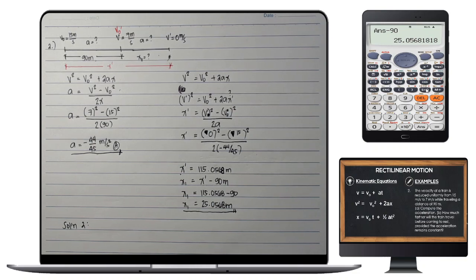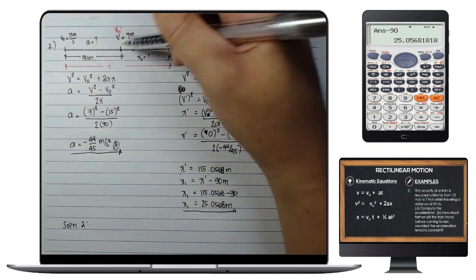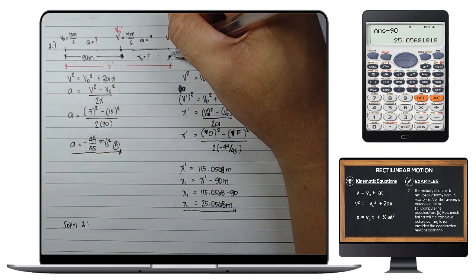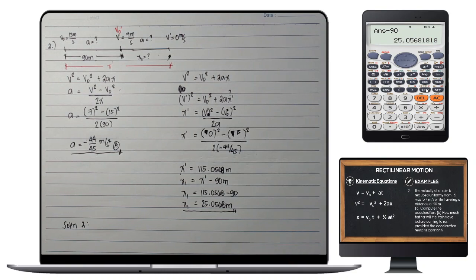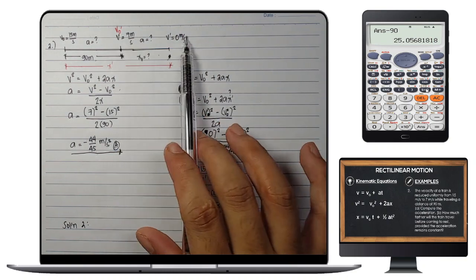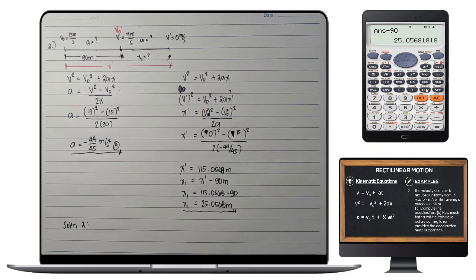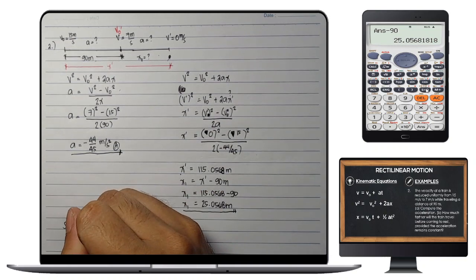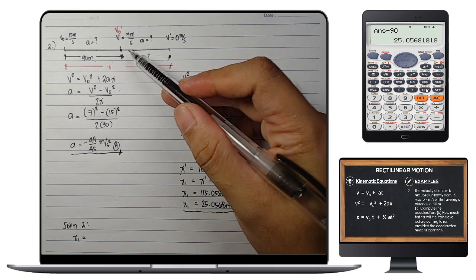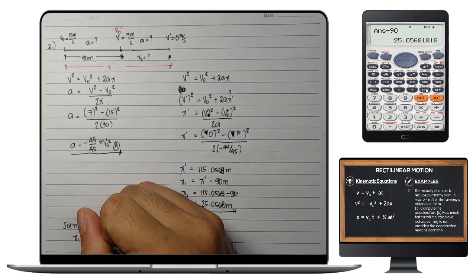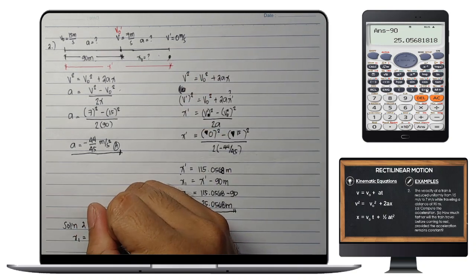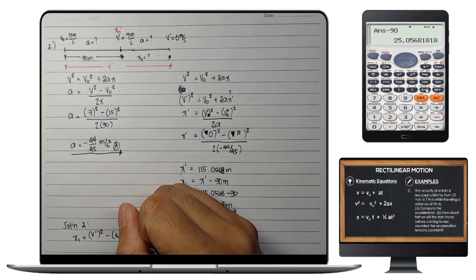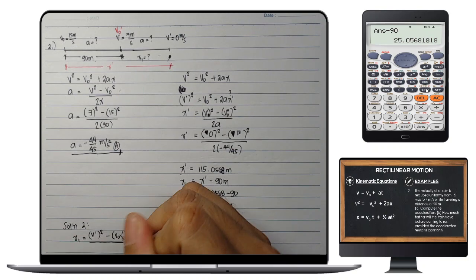So let's do that. Let's refer to this point sa 90 meter mark, so para diretso ng x sub 1 yung ating makukuha. So with that, again, we are given velocities and acceleration, so we can find x. From that, x sub 1 is equal to final velocity, that is v prime, squared, minus the initial velocity, that is vo prime, squared, divided by 2a.